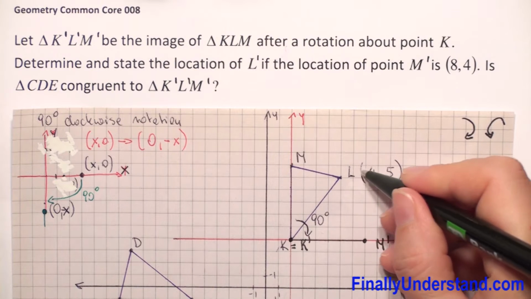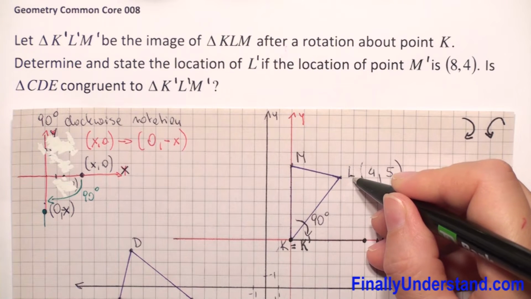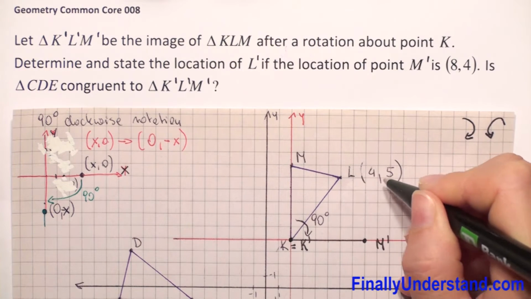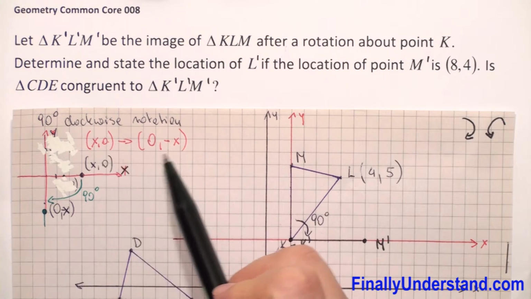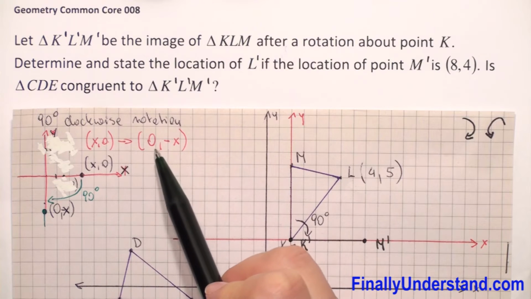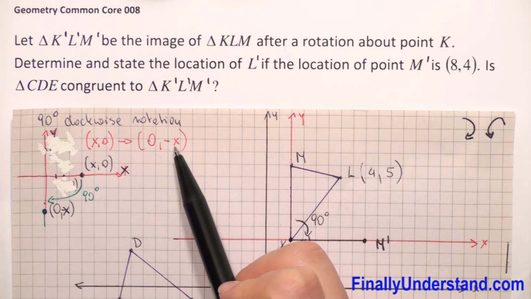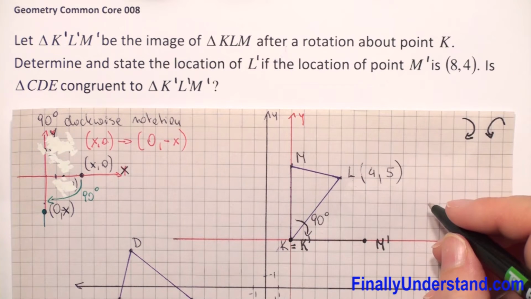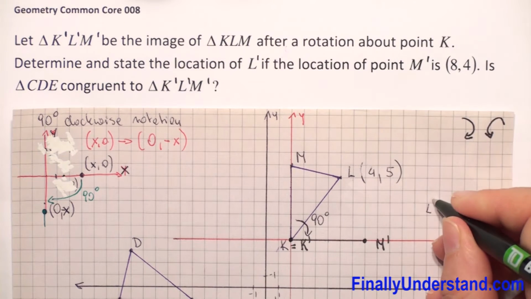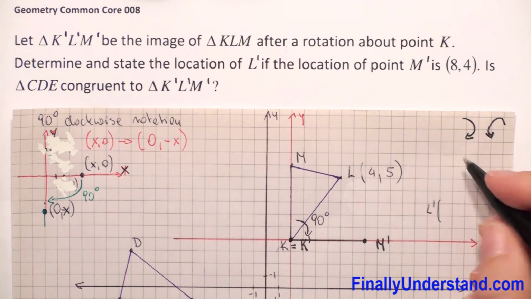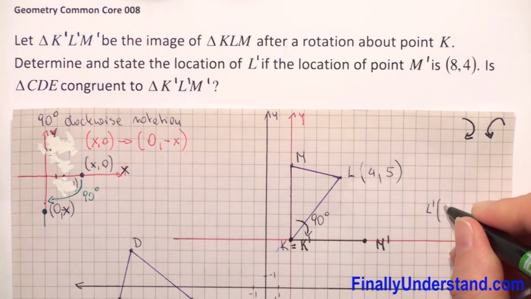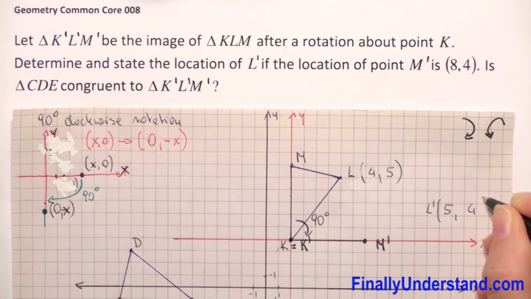So L prime will have coordinates like we said: we have to change coordinates, and to the second coordinate we have to add a negative sign. So L prime, we change 4 with 5, so it will be 5, 4, and we add a negative sign.